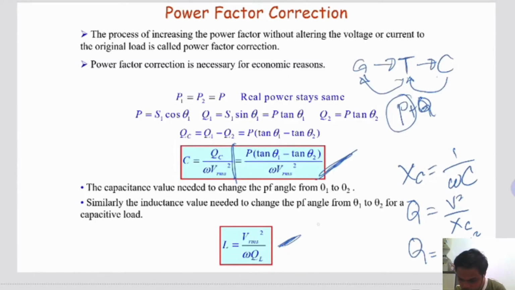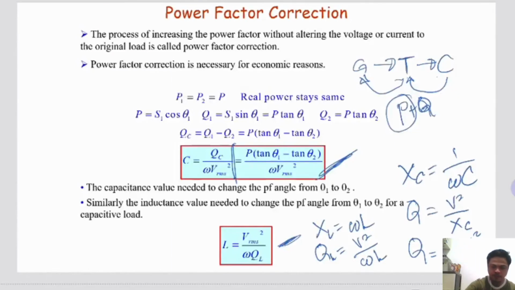For inductor, you have XL, you have omega L. Okay, so therefore your QL is V squared over omega L. So L is V squared over omega QL.